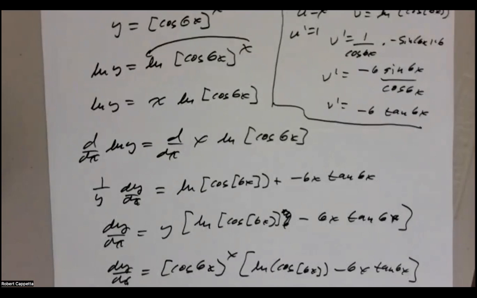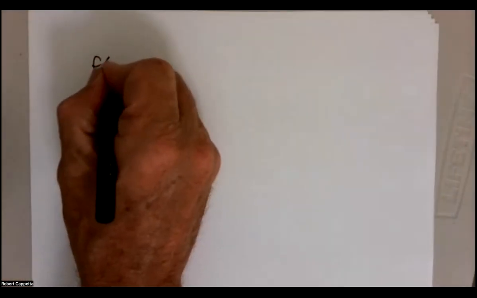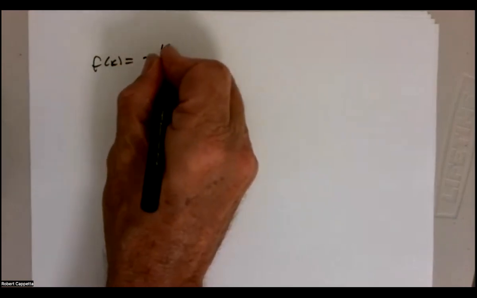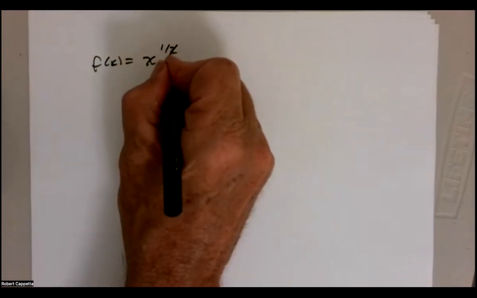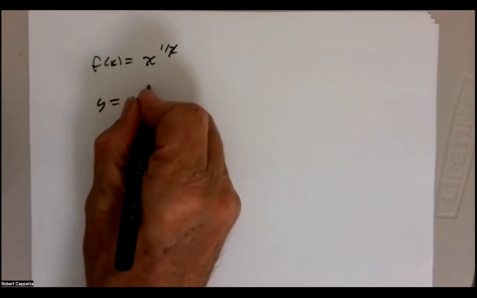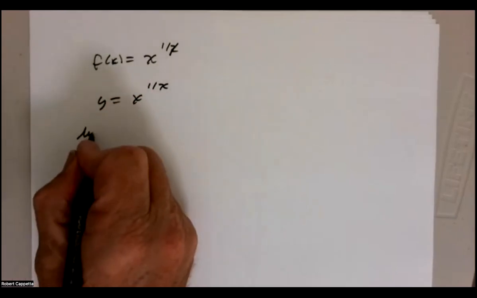And the last final problem, after an hour and 40 minutes, is f of x is x to the 1 over x. Let's do it. Y is x to the 1 over x.